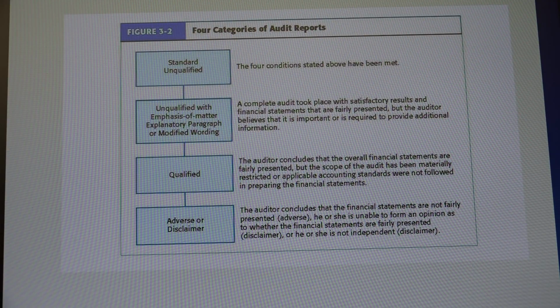You might go to an unqualified with emphasis of matter or explanatory paragraph. You might have to issue a qualified report. You might have to issue either an adverse report or a disclaimer of opinion. So we'll talk about when these things occur.